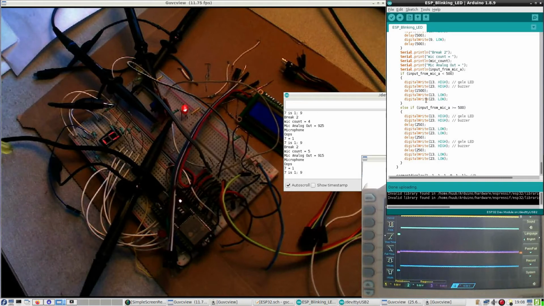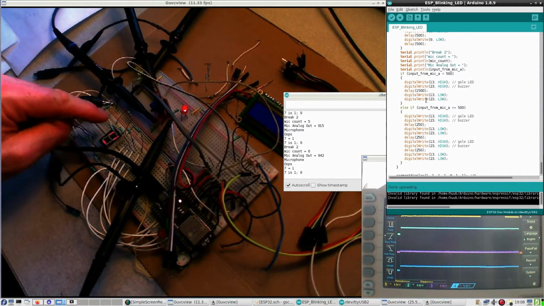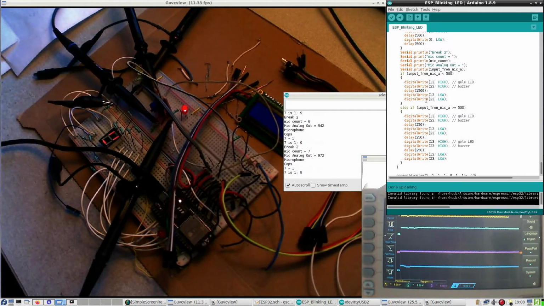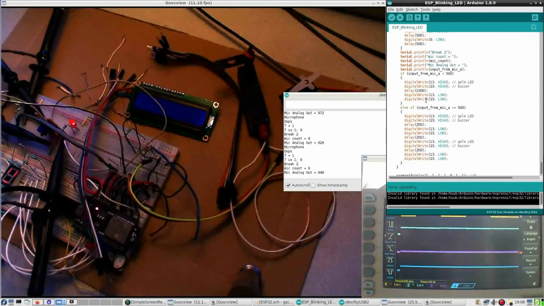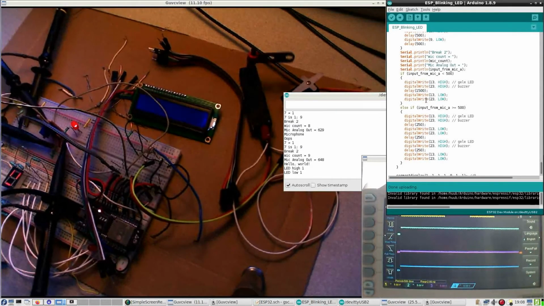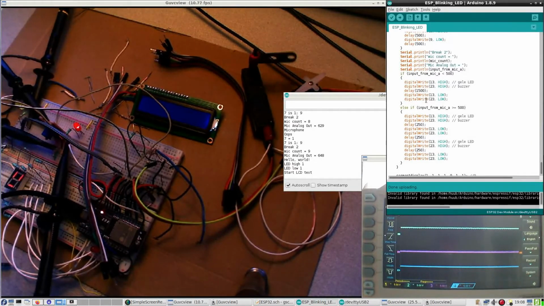So lo and behold, something is happening. That hasn't happened for a long time.